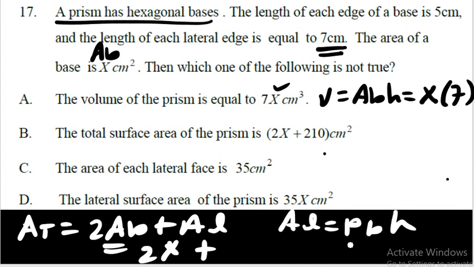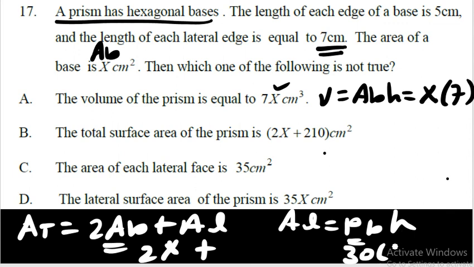That's the formula. What's the perimeter of the base? Each side of the base is 5, so 5 plus 5 plus 5, 6 times you have to add, because the base is hexagonal. So when you find the perimeter of the base, you add the 5 six times. That means 6 times 5 is 30. Then the height is 7. When you multiply, it will be 210. So 2x plus 210 will be the total surface area. That is again correct.